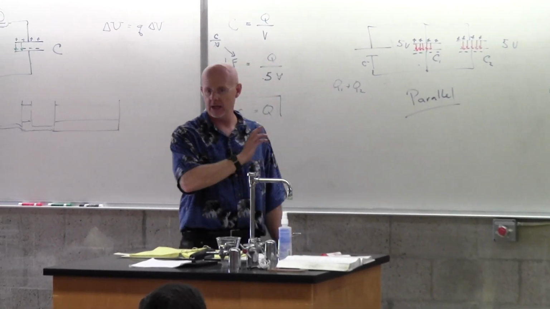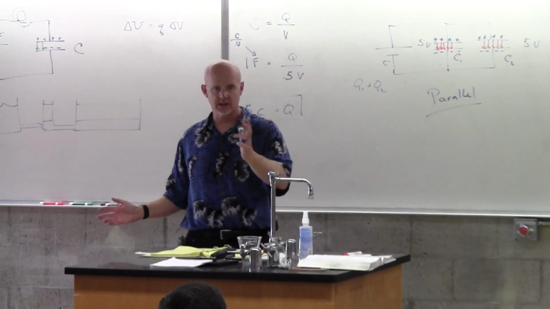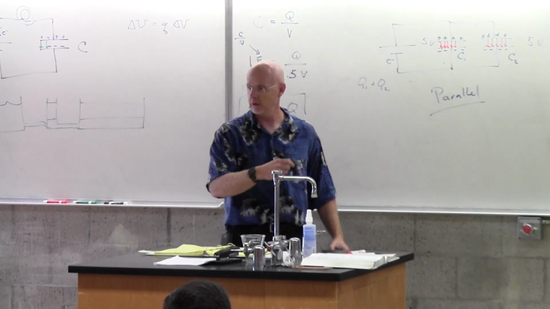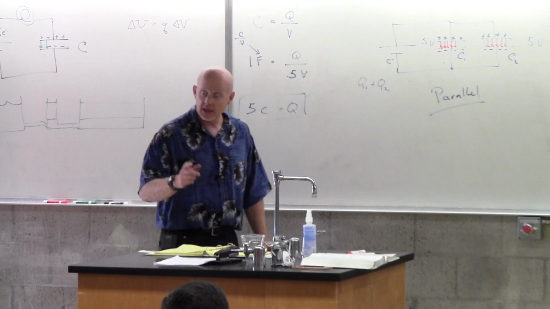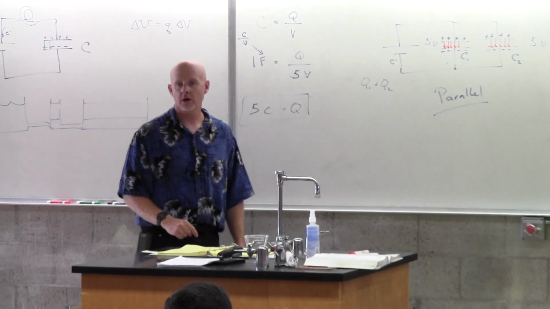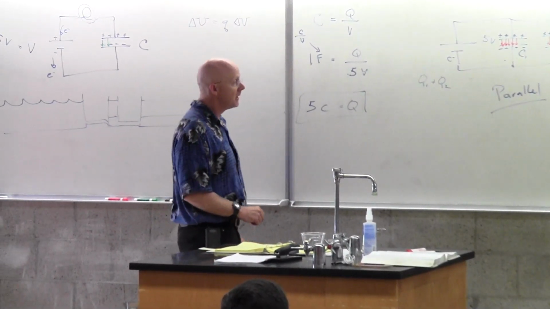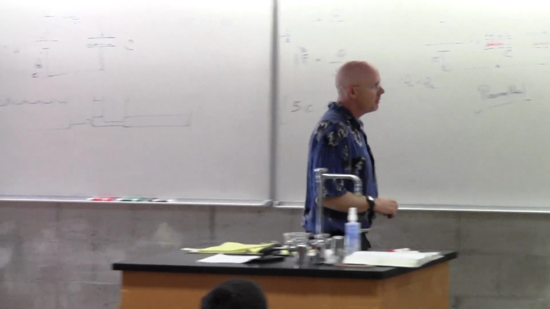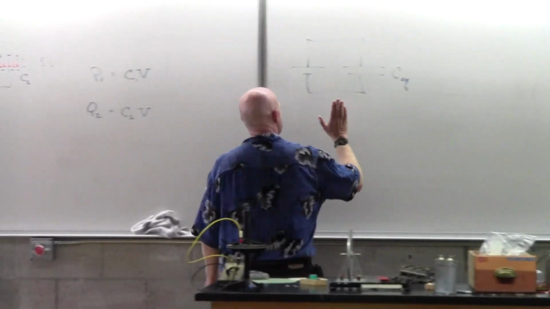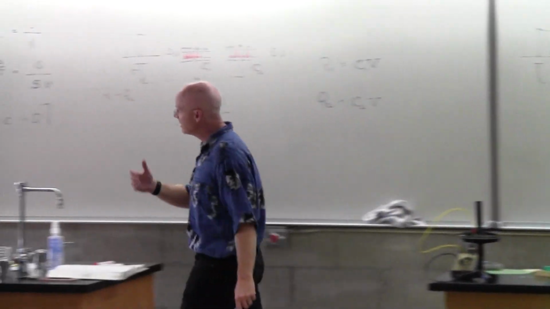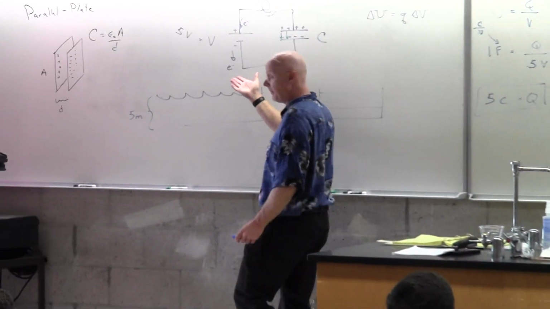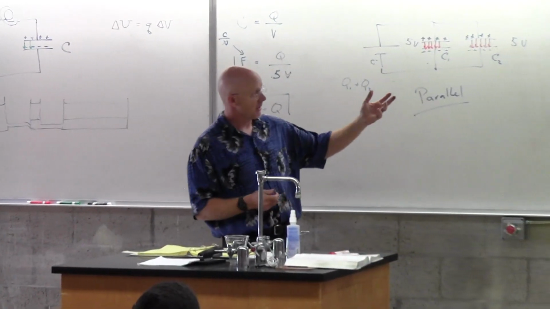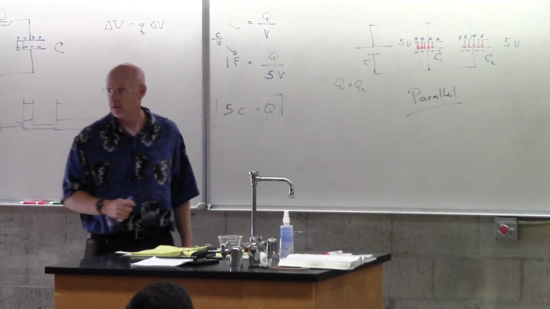What do you call that? KCL? Kirchhoff's current law, right? It comes from your conservation of charge, right? And that's what you'd want to see. Now, here's what I want to do then. Just because it is so easy to calculate something that has one battery and one capacitor, is there any way I can view this as the equivalent?